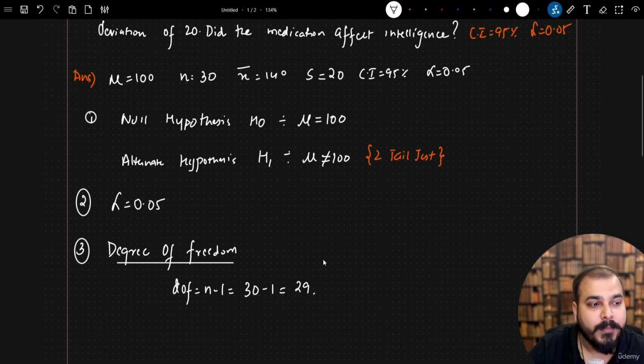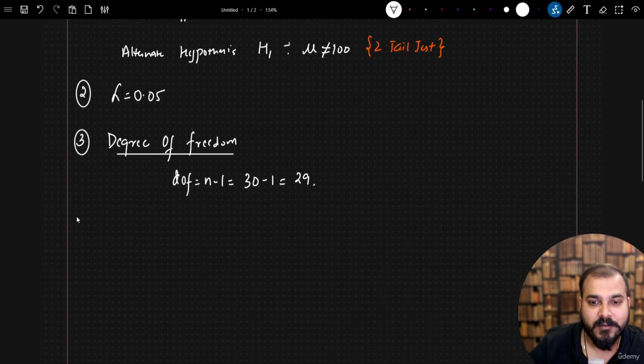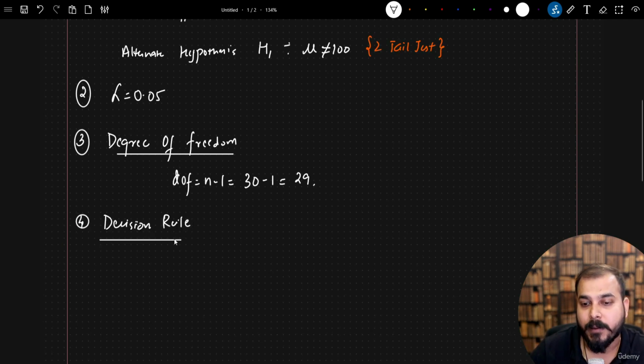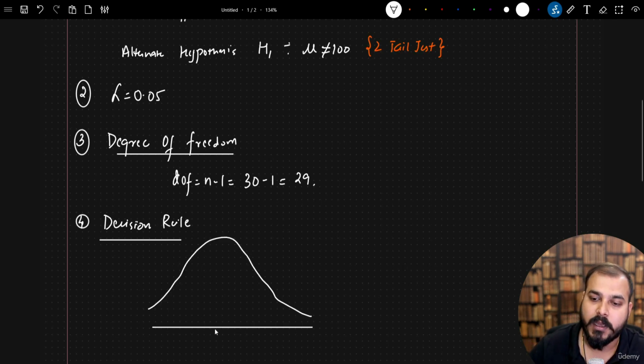Now coming to the major step, which is called the decision rule. What decision rule we need to select is based on the visualization diagram. Usually in this scenario, I will get a curve like this. You want a 95% confidence interval, so this area will have 2.5% and this area will have 2.5%.